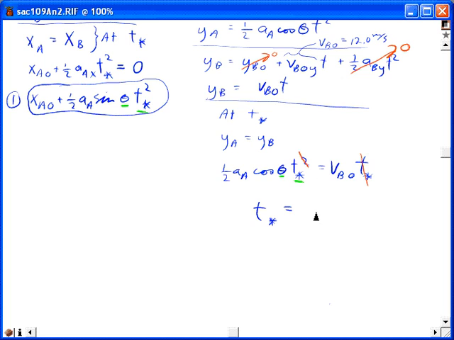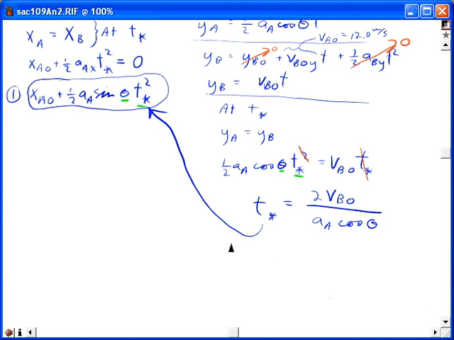We get, okay, I'll multiply both sides by 2. That'll be 2VB0. Then divide both sides by all this stuff, the a sub A cosine of theta. Okay, now what I can do is substitute that right into Equation 1.